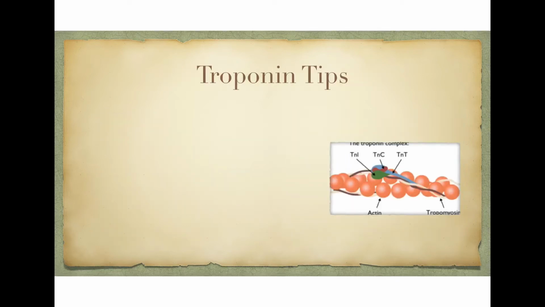Here you see in this picture where troponin is actually located in the muscle. It's associated with this other protein called tropomyosin, and together they accumulate on the actin and normally prevent myosin from binding onto the actin and causing muscle contraction.